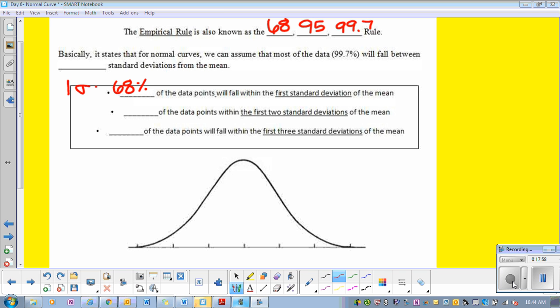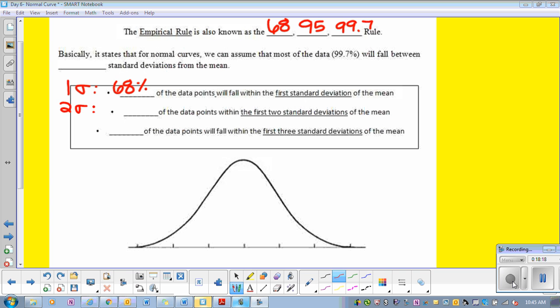If it's in one standard deviation, it means that 68% of your data points are in there. That means one to the left and one to the right of your mean, right? That's 68% of your data.